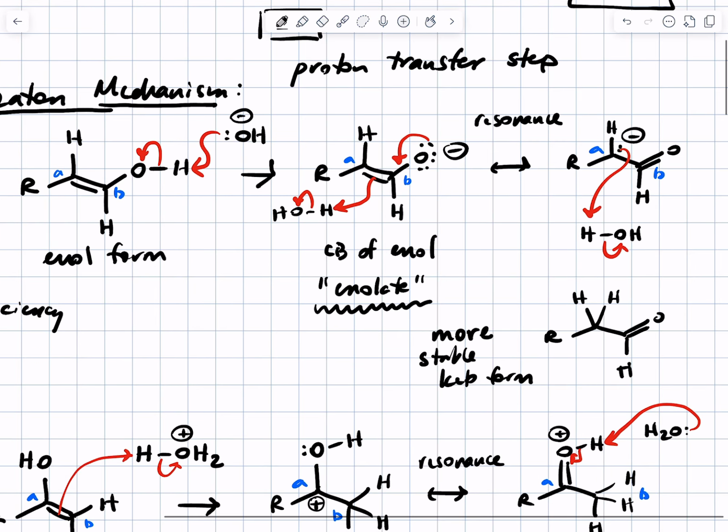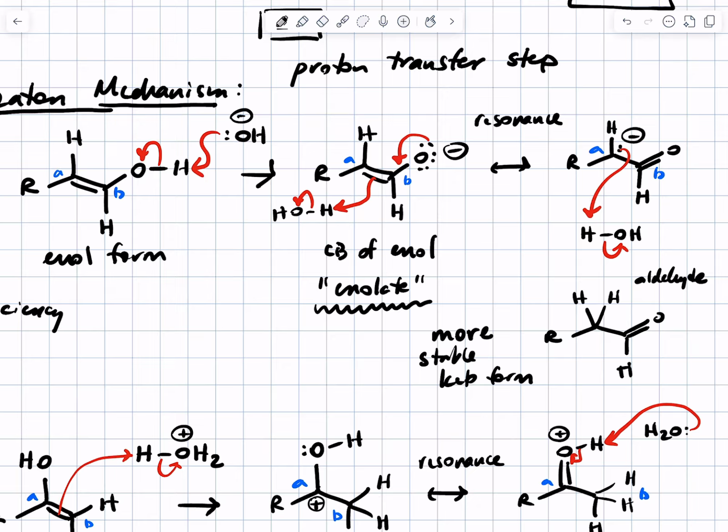One important thing about the enolate that you can understand already is the fact that the negative charge on the oxygen is delocalized by resonance because of that pi bond. And the negative charge can either be on the oxygen or on the adjacent carbon. And if you protonate on the adjacent carbon, you get the more stable keto form, which in this case is an aldehyde.